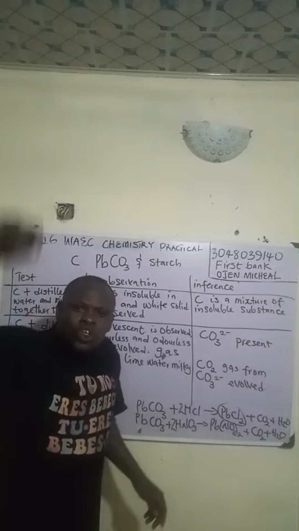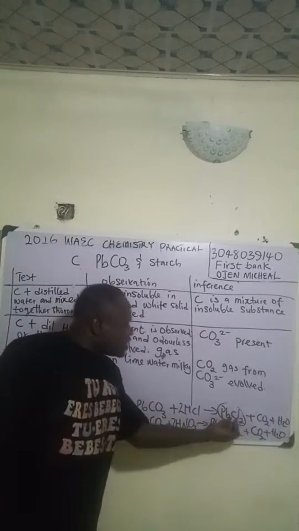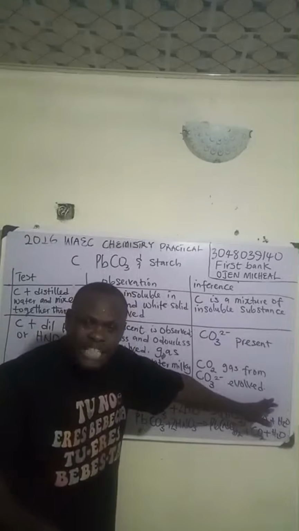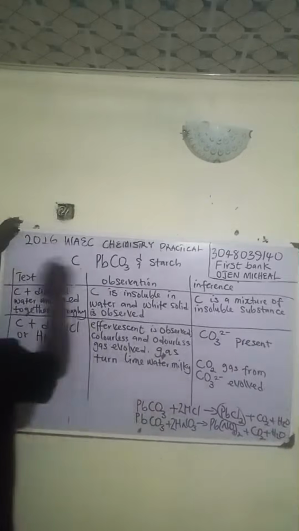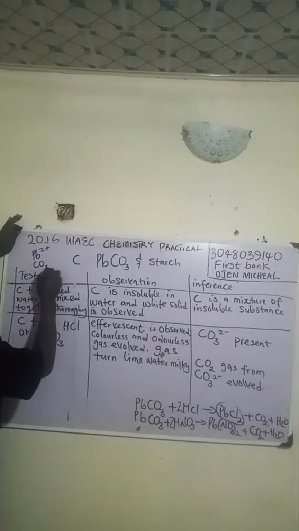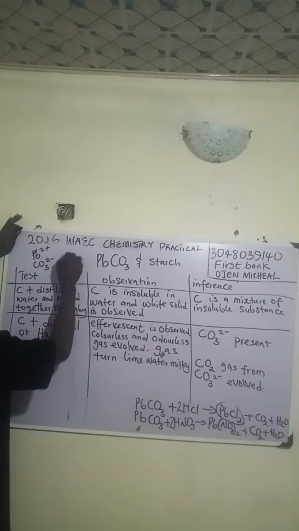You need to heat it. If you don't heat it, there is no way this lead. Now we are going to look at the test of lead ion. What are you asked? Look at Pb2+ ion, CO3 ion, CO2, and what? And starch.